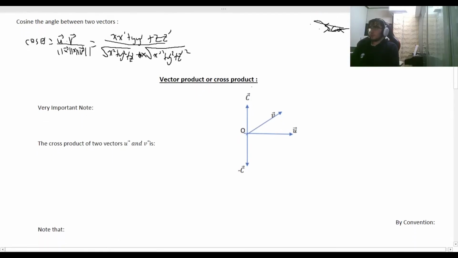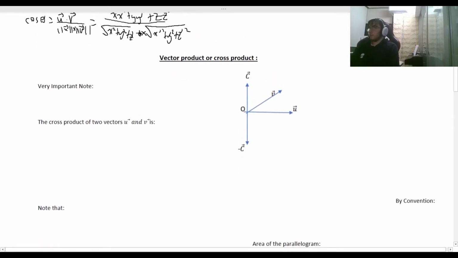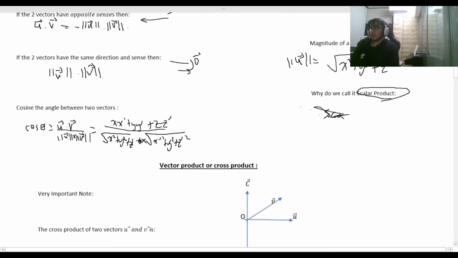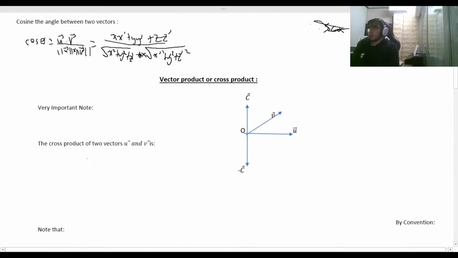Vector product or cross product. A very important note that in cross product, unlike in the scalar product, the cross product of two vectors is equal to another vector. So it has direction and magnitude. It's not only a scalar quantity.